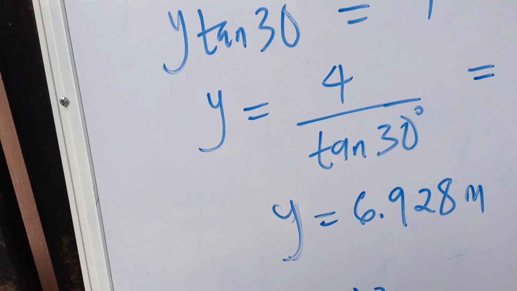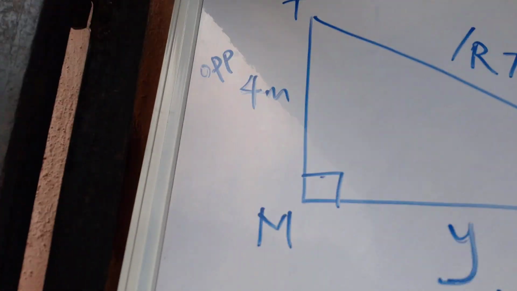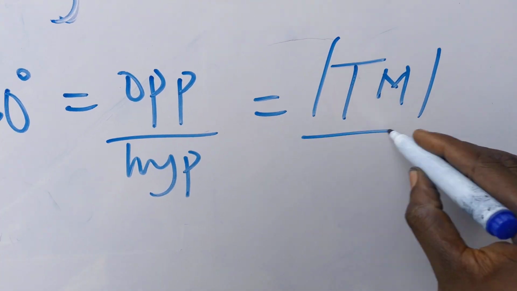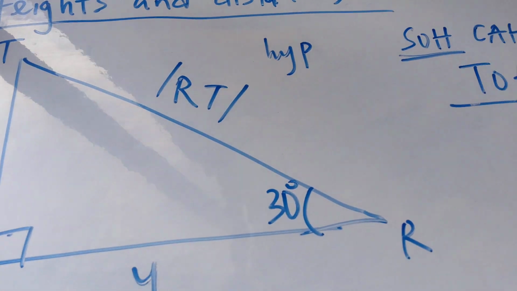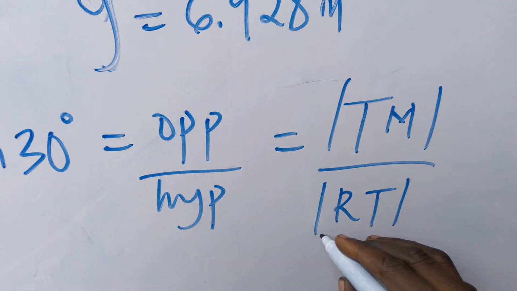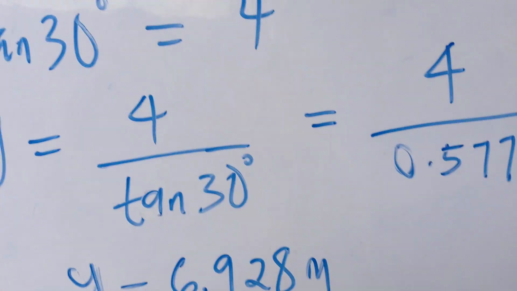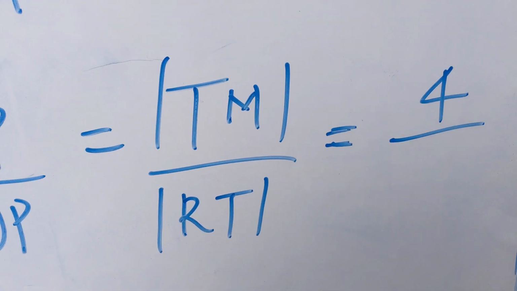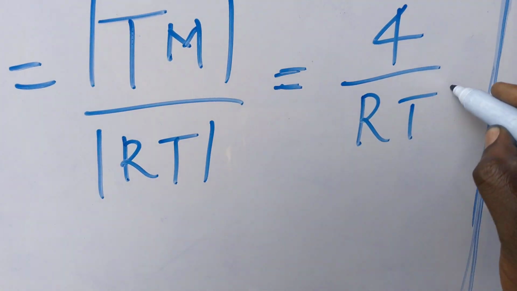The opposite side there is distance TM, and my hypotenuse is RT. Distance TM is 4, and distance RT is unknown.